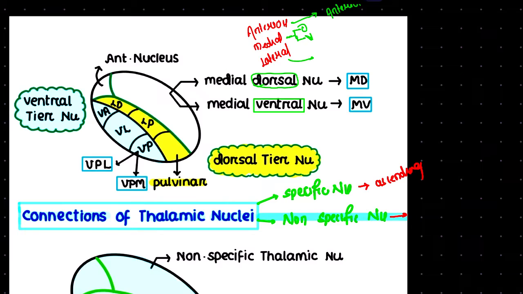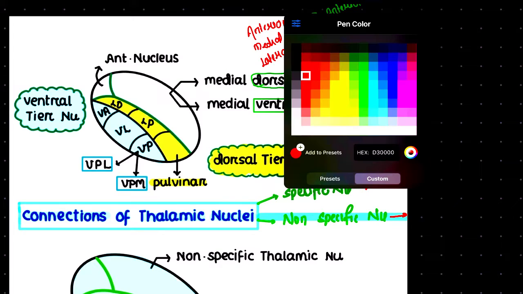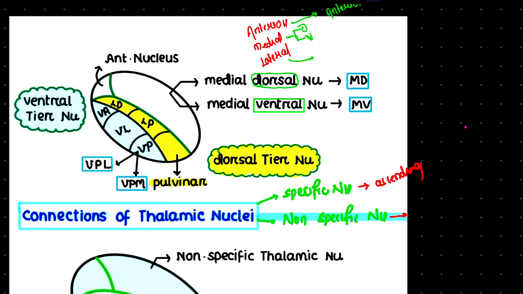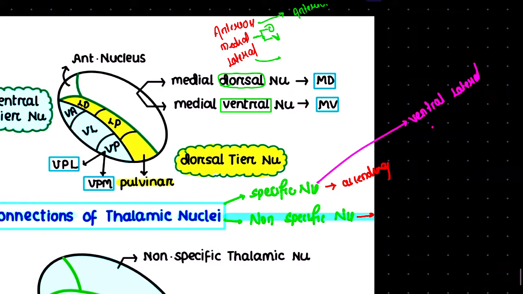Now talking about specific nuclei, the specific nuclei include all the nuclei on the ventral part of the lateral thalamic nuclei. If you remember the ventral part, here we are talking about this region.